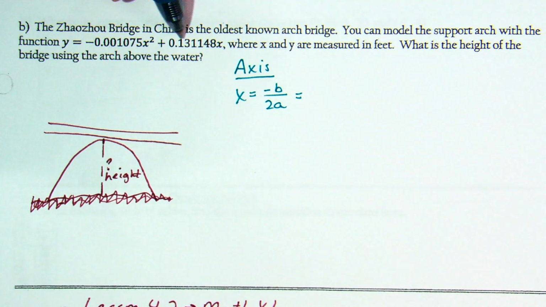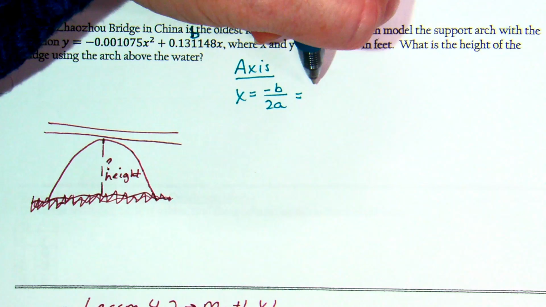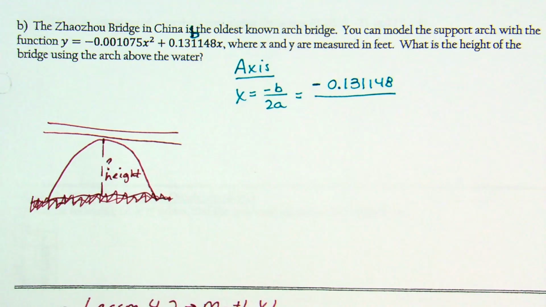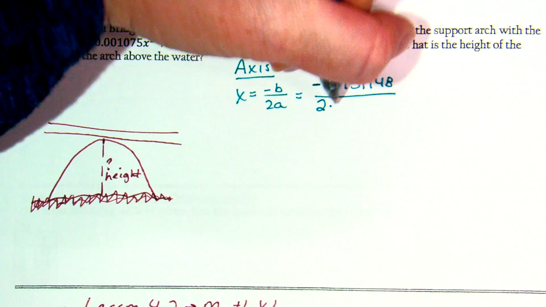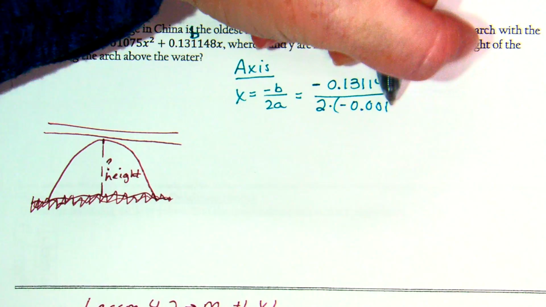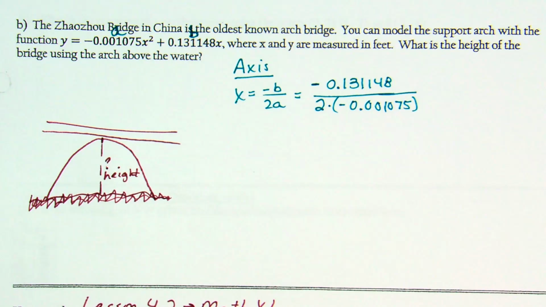Okay, right here, yes? B is that lovely, we're going to do the opposite, so negative 0.131148 over 2 times A. What's A? Negative 0.001075. Because B is in front of X, A is in front of X squared.